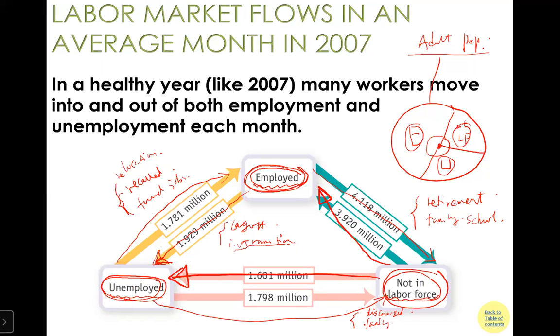Okay. So not in labor force, they become employed. This means they found a job. The biggest group in this flow of individuals are college graduates, right? Because college students, particularly full-time college students, are considered not in labor force.